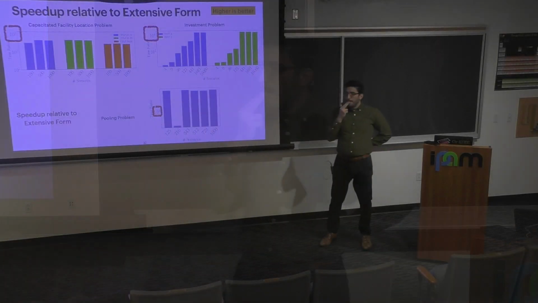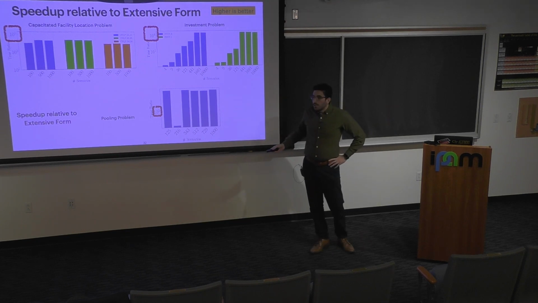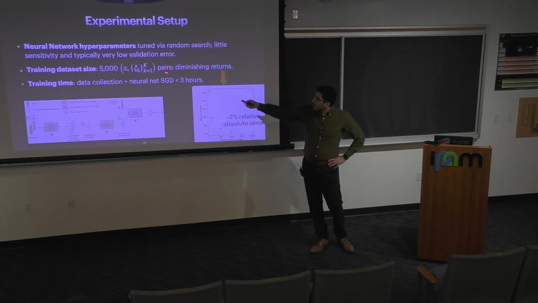Yes? So where do you get all the combinations of first stage and scenarios? Like in this one, 4 scenarios, but you must have trained on hundreds of scenarios plus different kinds of first stage variables. Yeah, we train on roughly 5,000 pairs of first stage decision and scenario set.